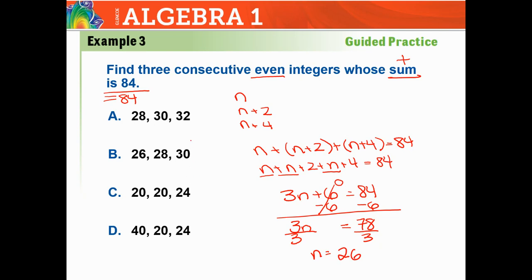So if we look at our answers up here, while C isn't off, these aren't consecutive. Neither are these, so those cancel. These two are consecutive, but it tells us we're starting out with 26. So our answer should be B. So if n is 26, we add 2, we get 28. We add another 2, and we should get 30. So B is our answer.